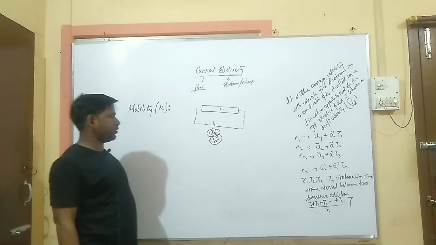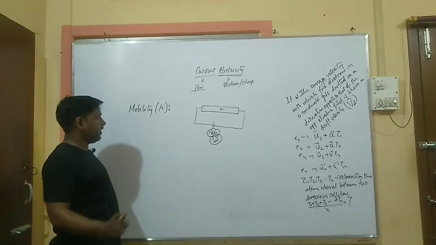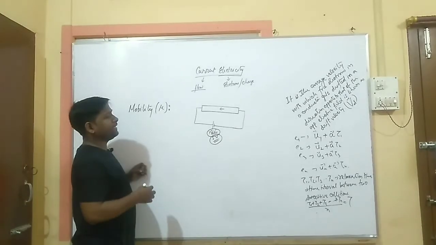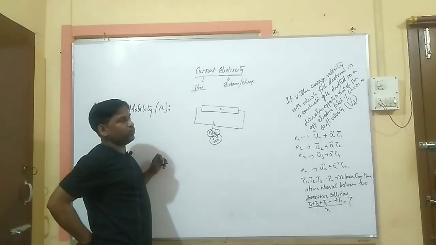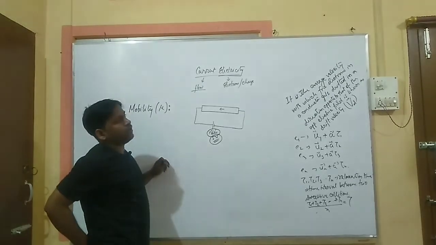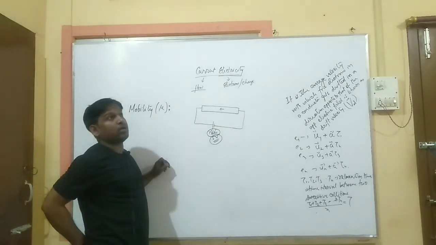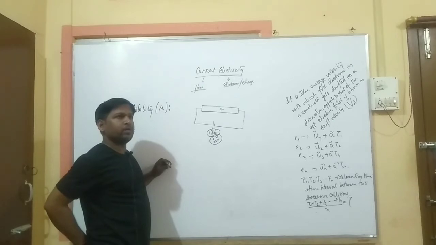Based on this, we define mobility as the rate at which electrons get drifted.